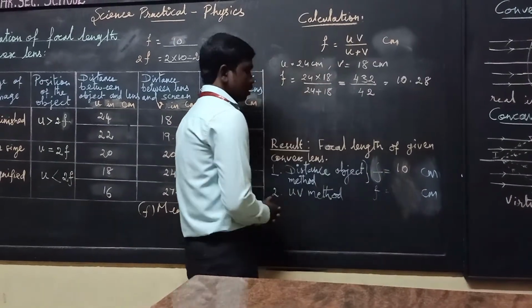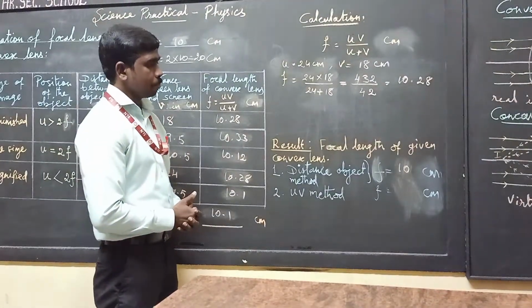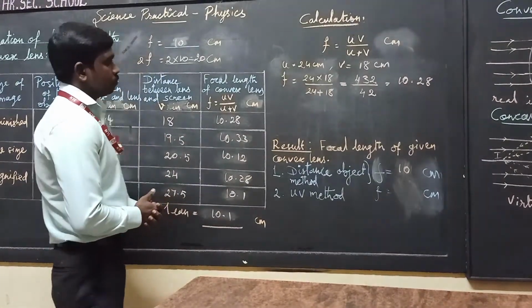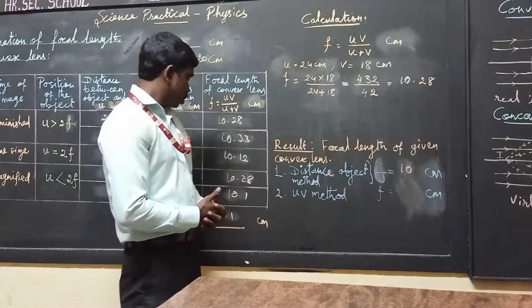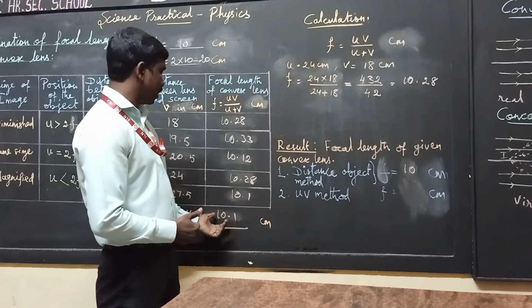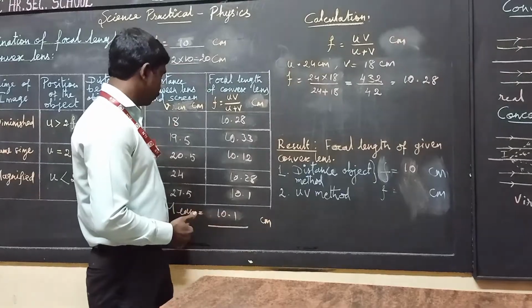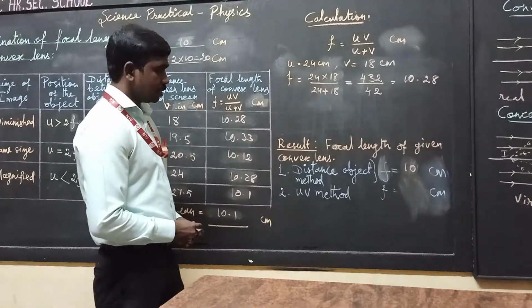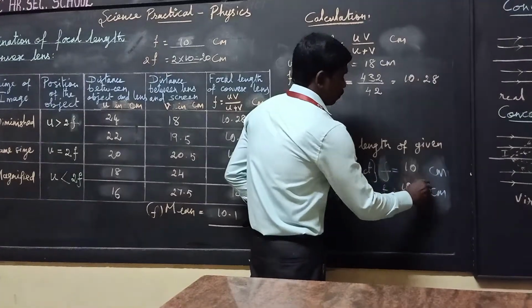Next, the UV method. From the UV method, after calculations we collected the mean value: 10.1 is the focal length of the given convex lens by using the UV method.